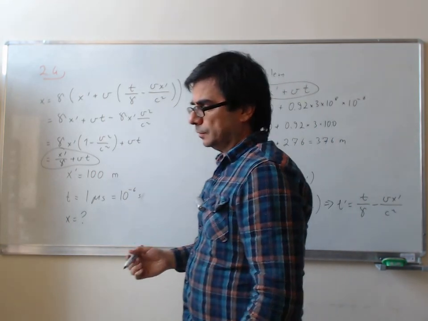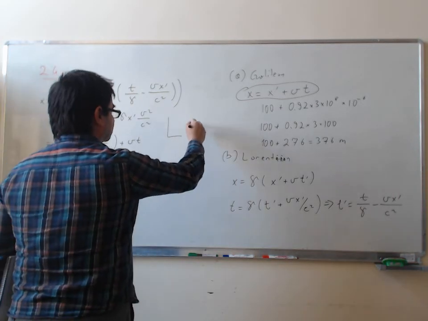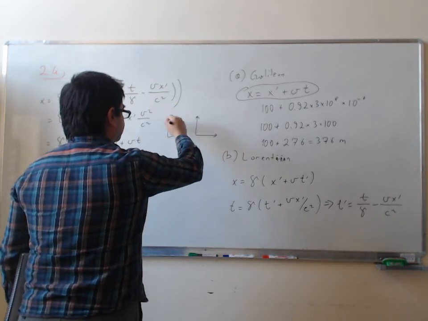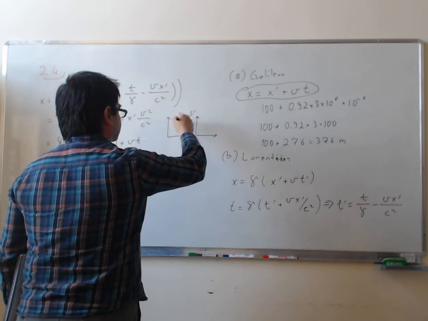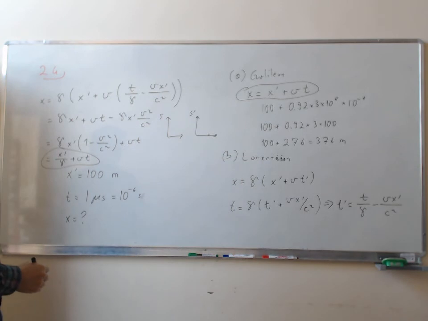Now it's not trivial to see that this is what will come out, but I'm sure you can make some argument with the length contraction and time dilation to see that this is the answer. Right. So let's go back to these reference frames, S prime and S, and we have an object that is at 100 over here.